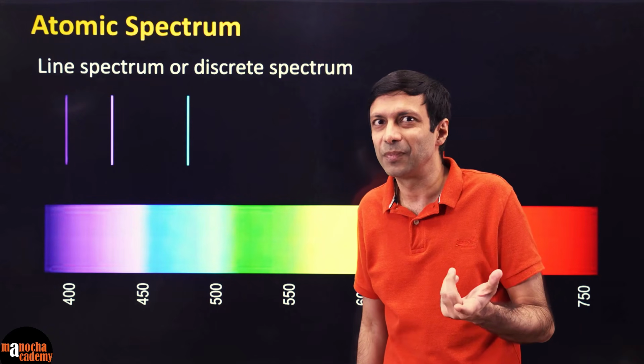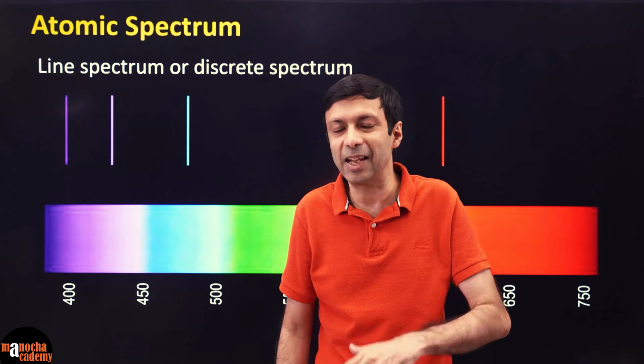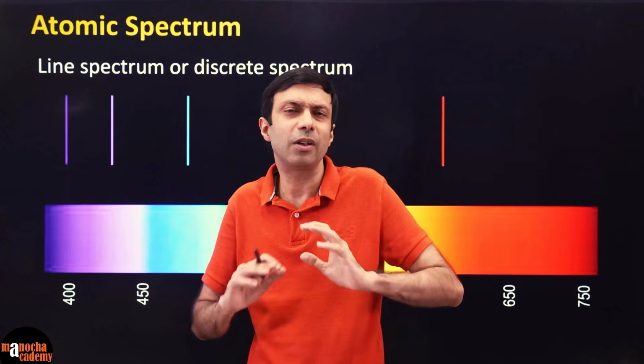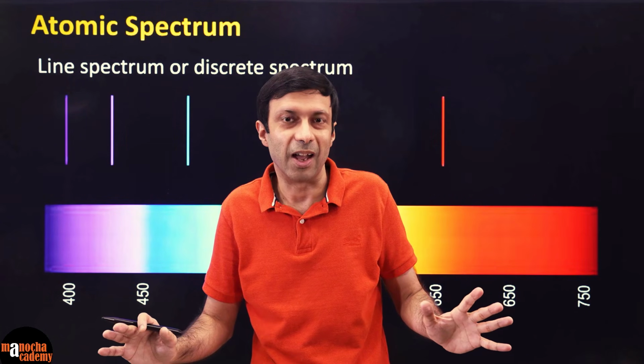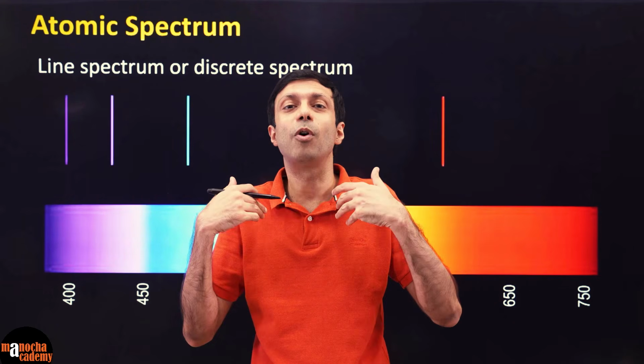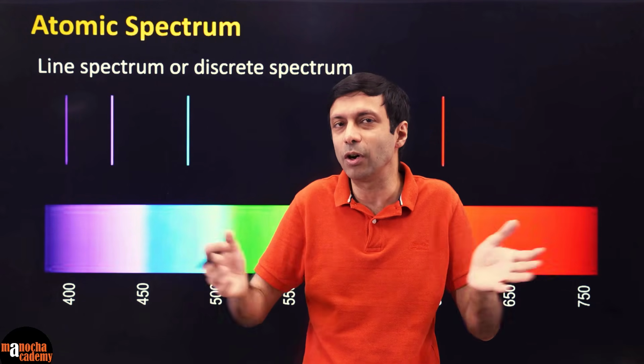Now, why is that? Remember, we just talked about that electrons will accept, gain or lose only certain amounts of energy, not any value that you want. And when it loses or gains energy, it can be in the form of electromagnetic radiation, what we call light, or even beyond the visible spectrum.